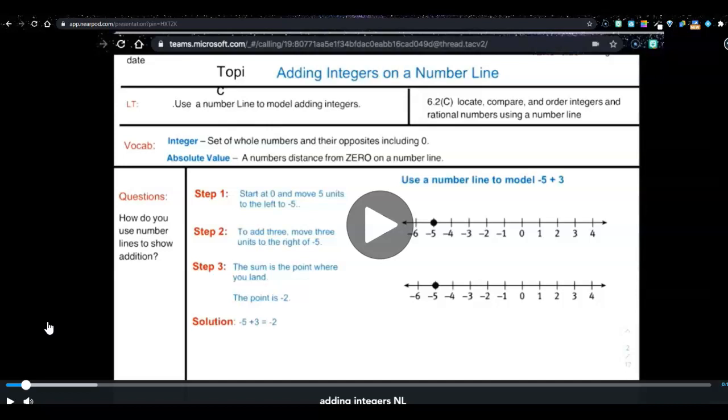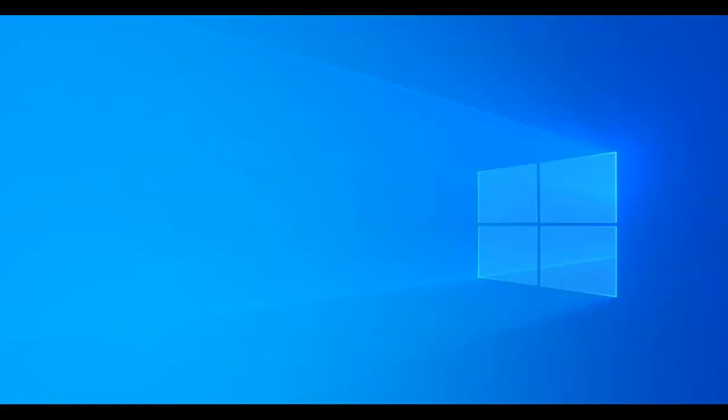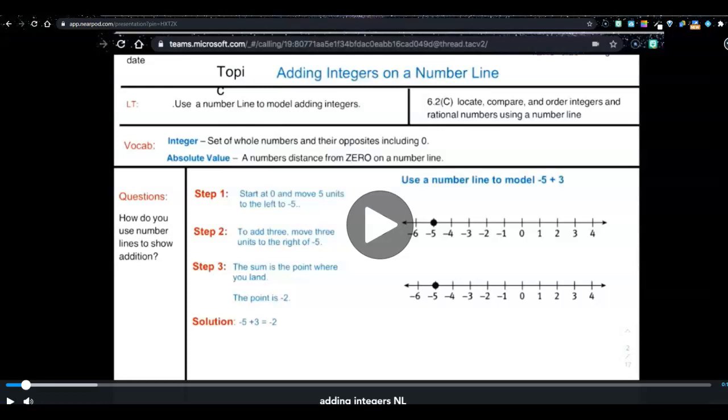Actually, if I share my screen. It's right up there? Miss Lake, are you supposed to share your screen with us?